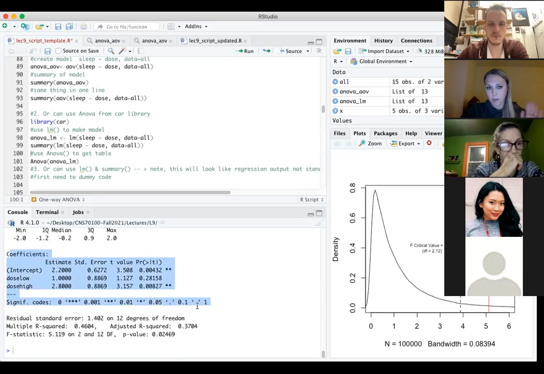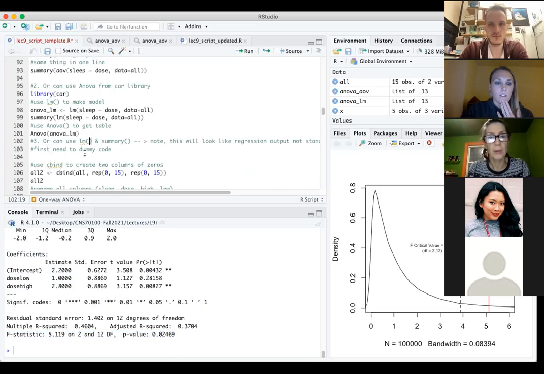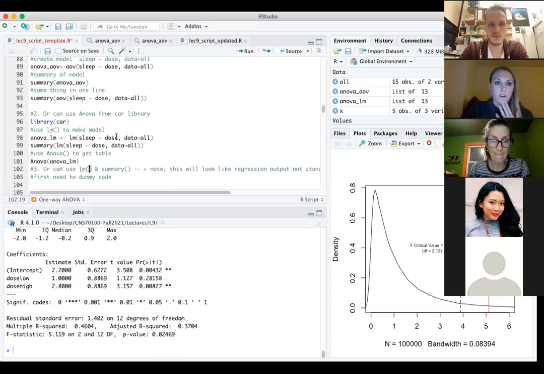I don't want you guys to worry about any of this right now until we talk about regression. If you just do the summary for LM, you're just looking down here: F statistic, degrees of freedom, p-value. And all this again is highlighted in the PowerPoint. All right, so are there questions about that?